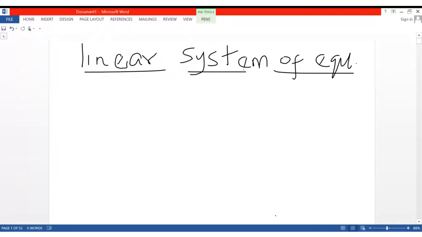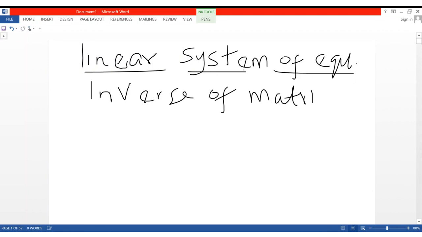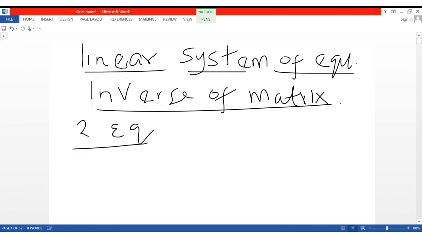One is inverse. So you can start with a system of two equations, then we build from there.